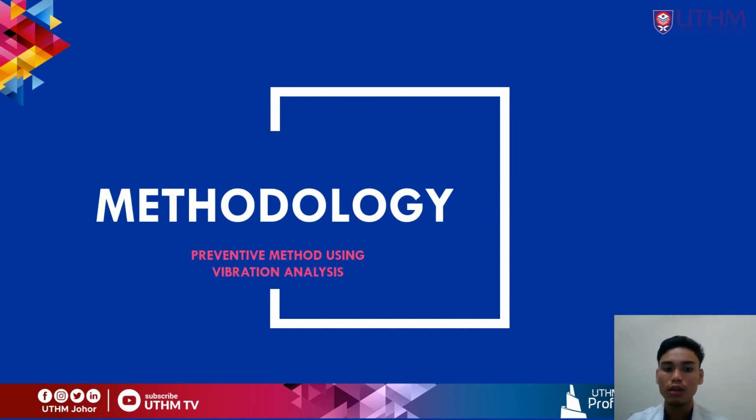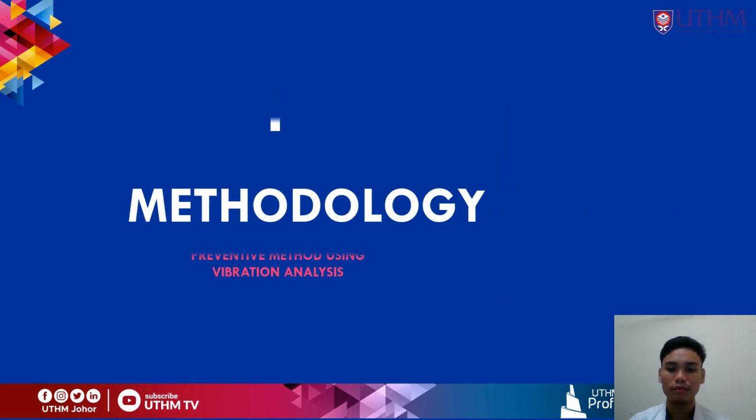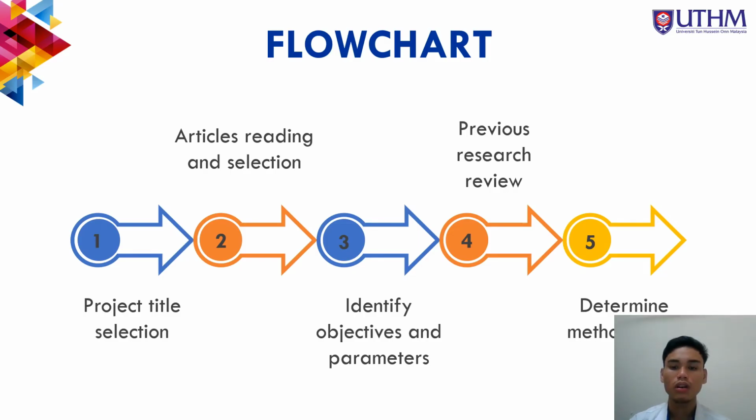The third chapter is the methodology of this research. In this methodology, I will explain the flowchart and the expected results. For the flowchart, first of all, the project title is selected with my supervisor, which is vibration analysis for the preventive method on pumps.